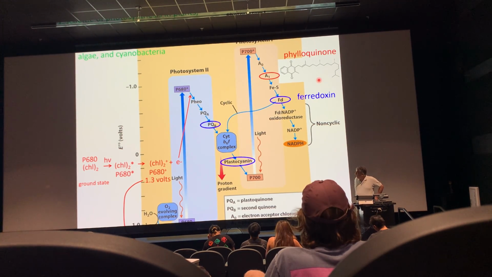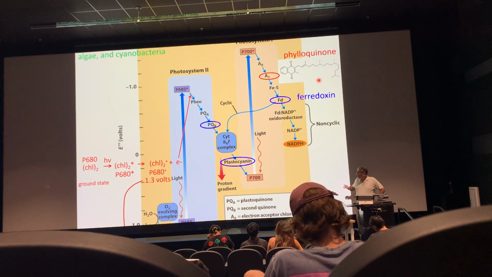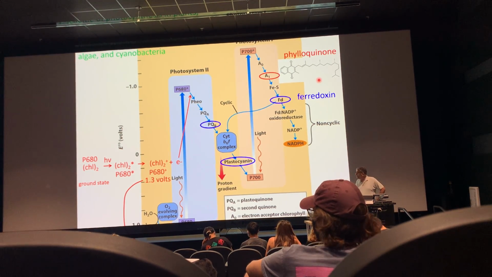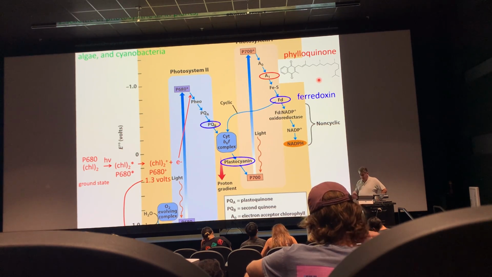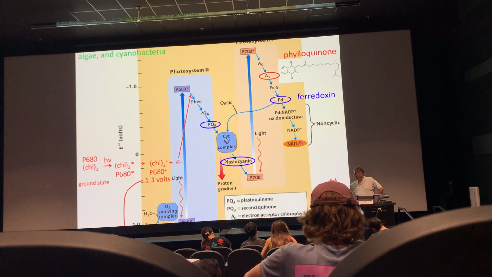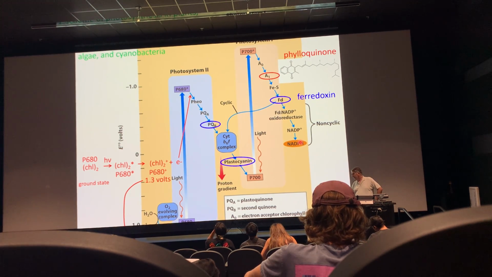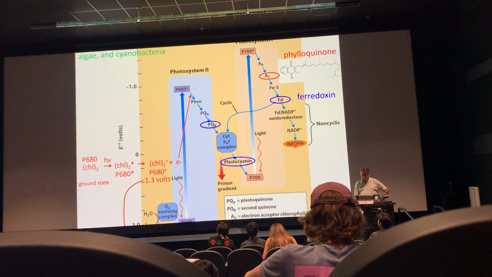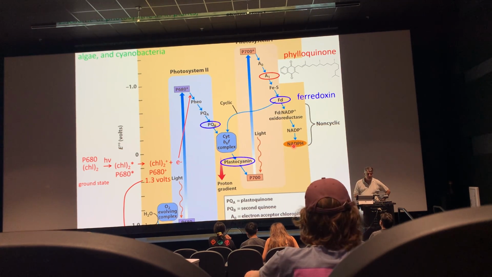So we're going to end today by talking about how many photons of light does it take to make 1 NADPH in what is called the Z scheme. Okay? So first thing we have to acknowledge is how many electrons does NADPH carry? Anybody?